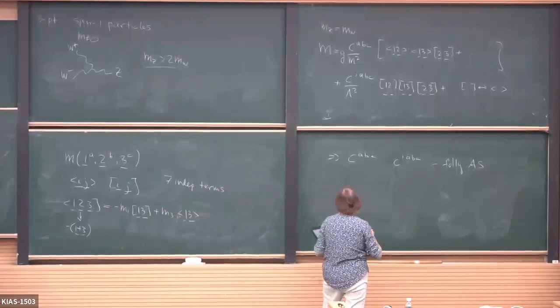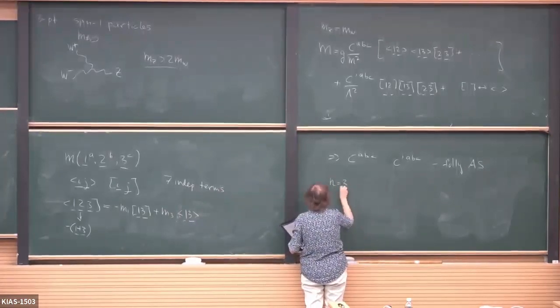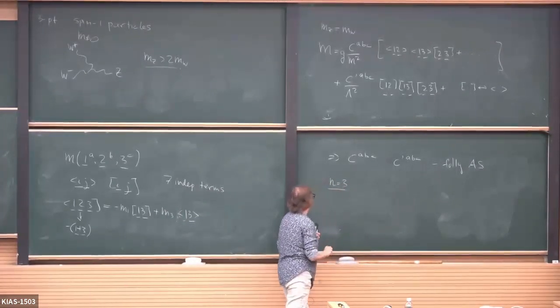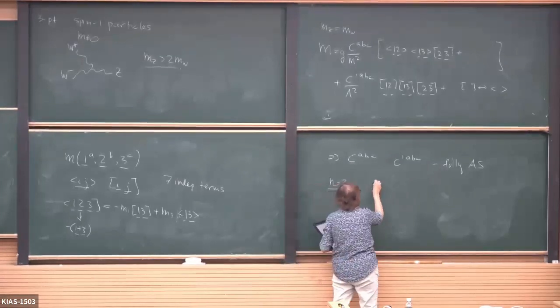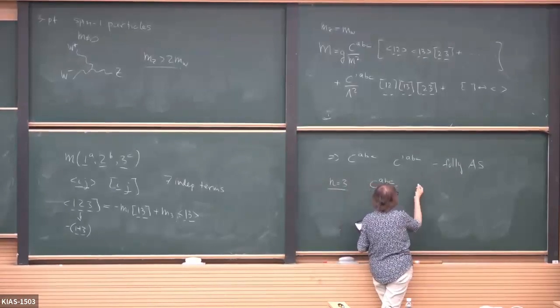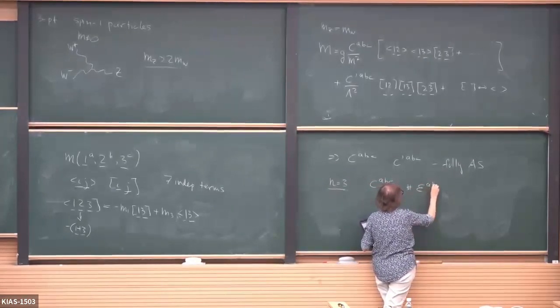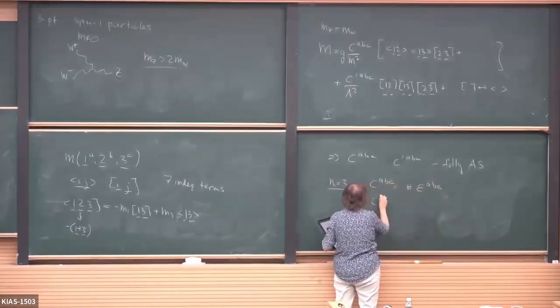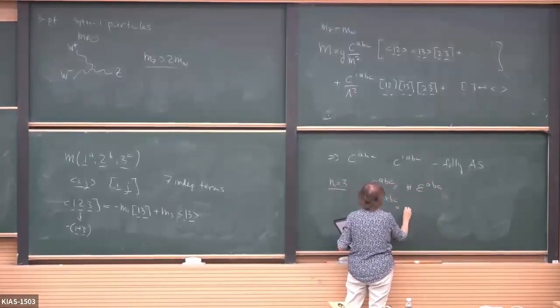In this case, because in the standard model we really have n equals 3, we can always normalize these to be some number times epsilon ABC. And the same thing is true for the C prime.